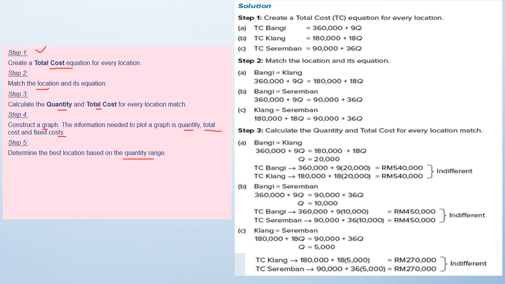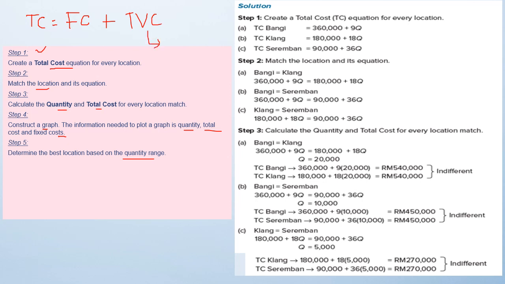So for total cost analysis, the most important equation or formula that you need to use is the total cost equation. That's why it is called total cost analysis. Total cost equals fixed cost plus total variable cost. For the total variable cost here, you can expand more.